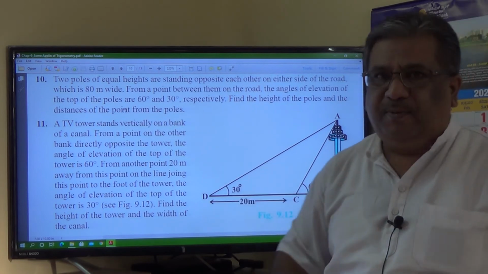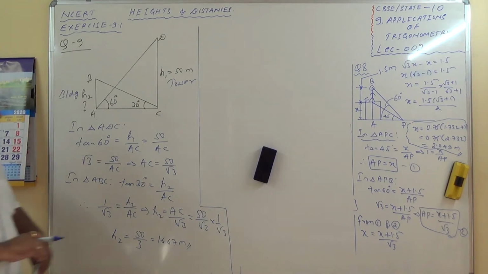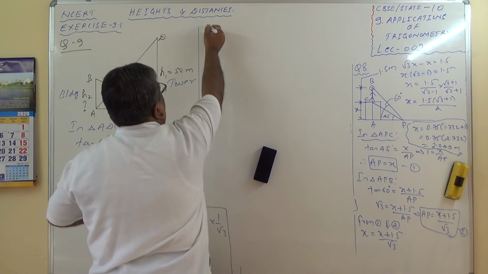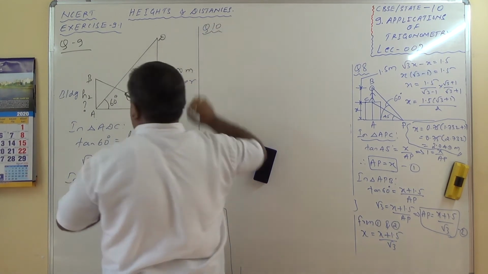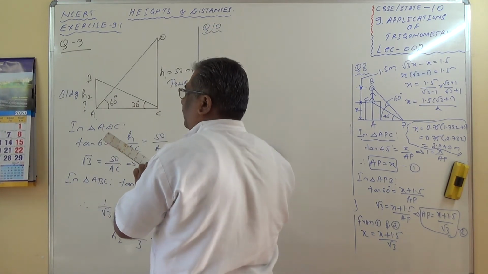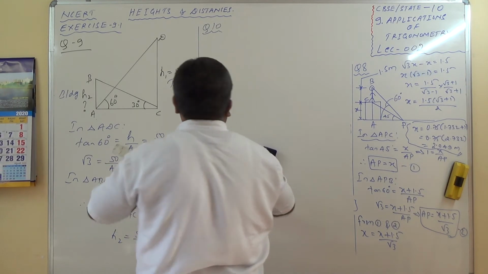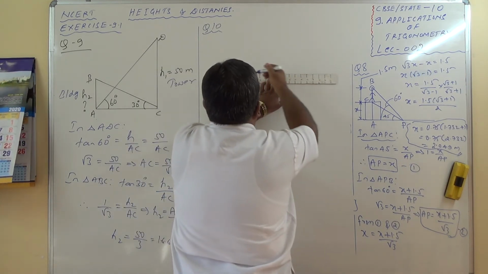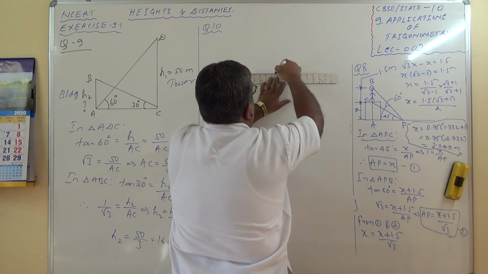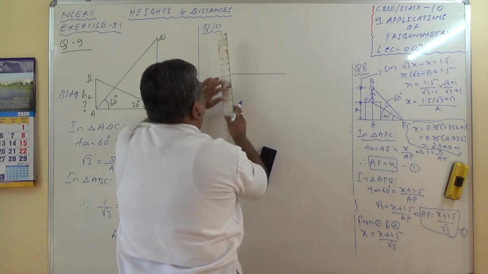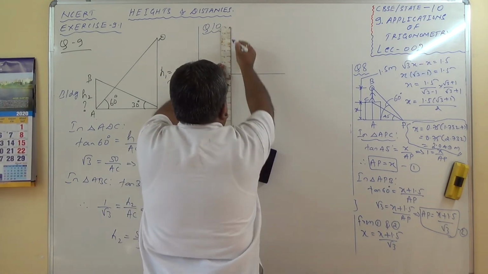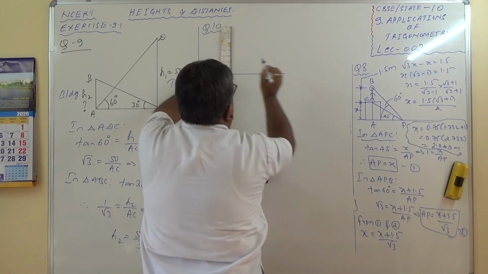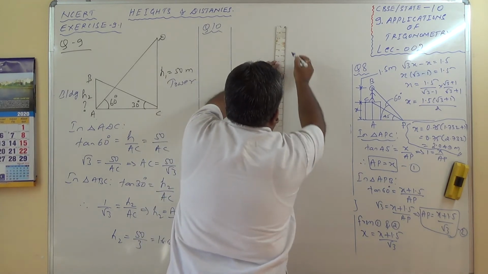Let us solve this on the board. Question number 10. I'll read it once again. Two poles of equal heights are standing opposite to each other on opposite sides of the road. This is the road, from here to here, and there are two poles of the same height. Let one pole be here and one more pole be here.